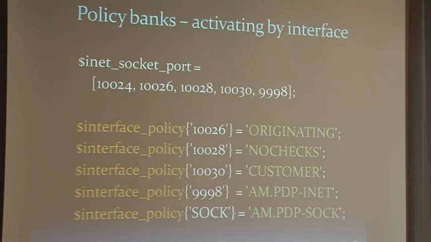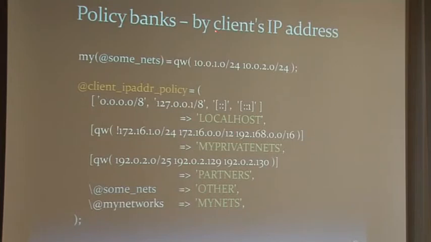How is it activated? A policy bank can be activated based on the TCP port number. So this is the way to do it. You assign to each TCP port number a name, one name of a policy bank to be loaded. It can be loaded by client's IP address.